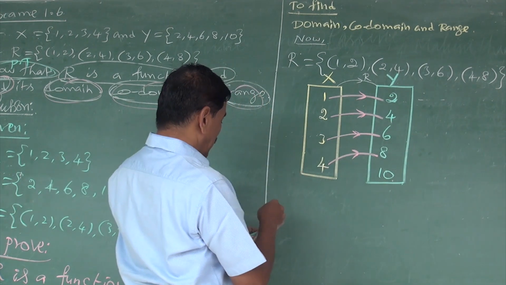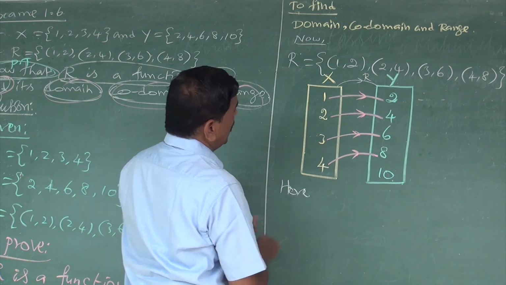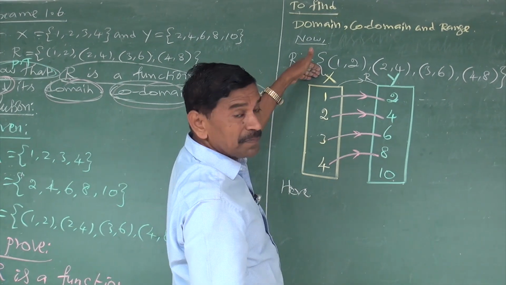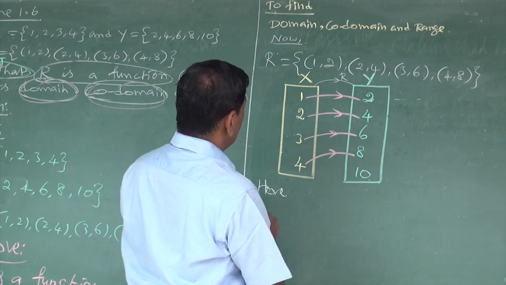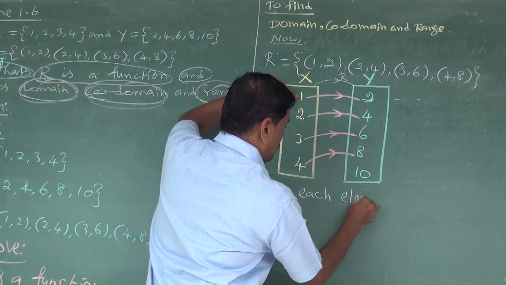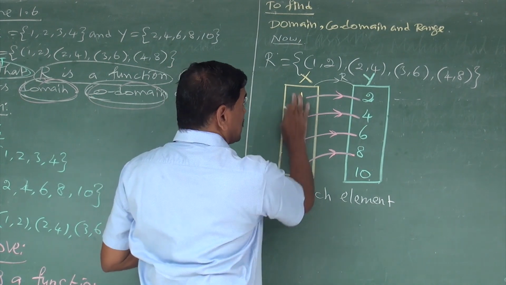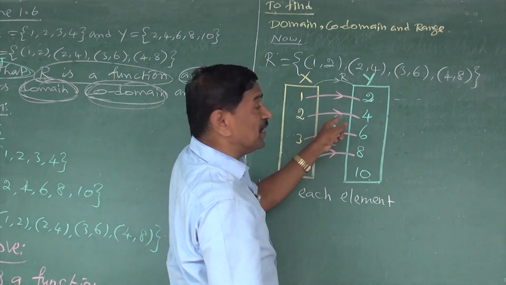Okay. Now, we want to answer here. Each element in X has a unique image in Y. So, that is the definition of a function.